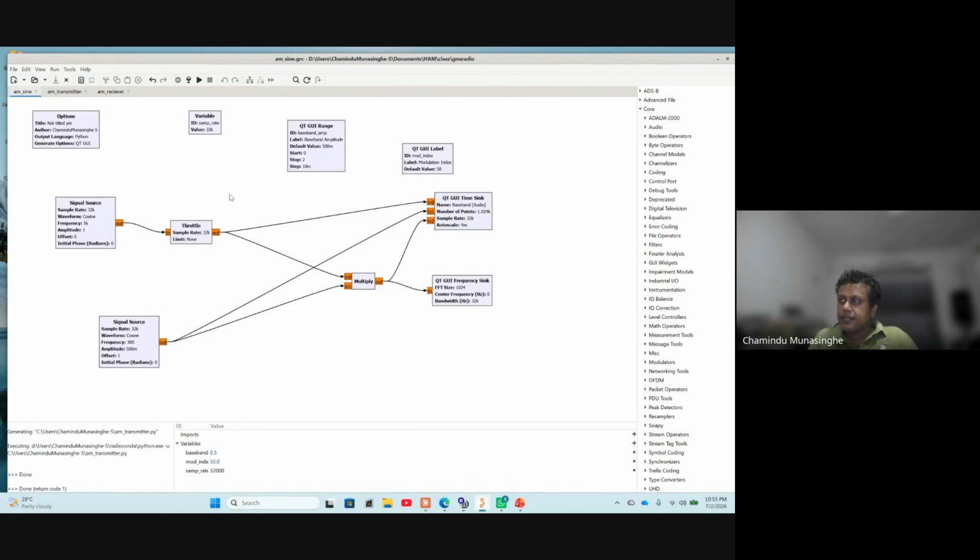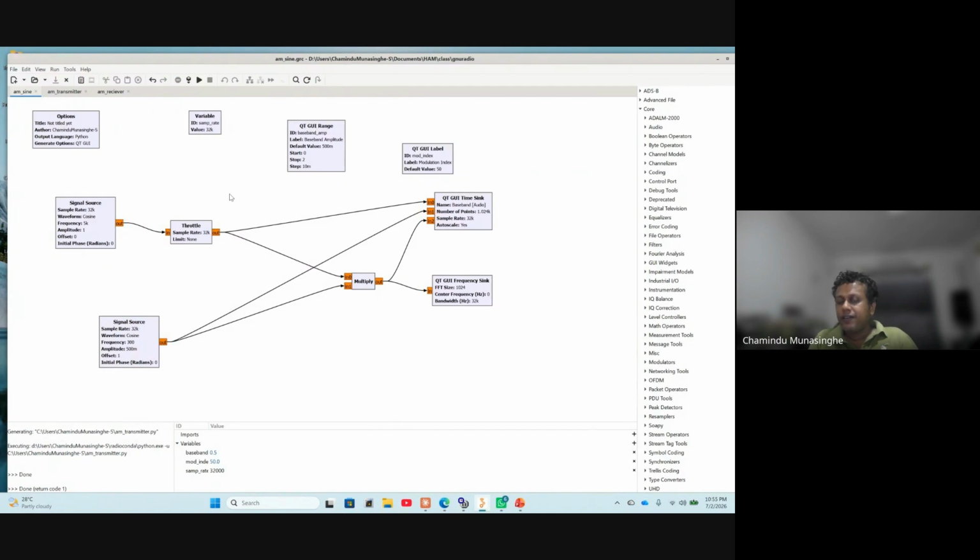Actually, it's a library written in C++ to do radio work using software, right? So this is used for what we call software-defined radio.